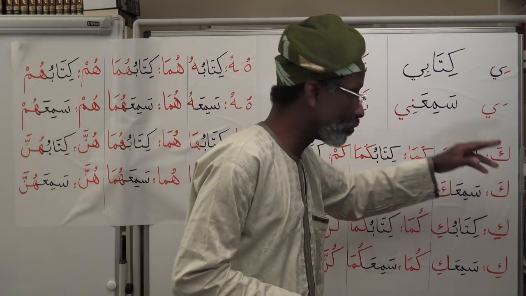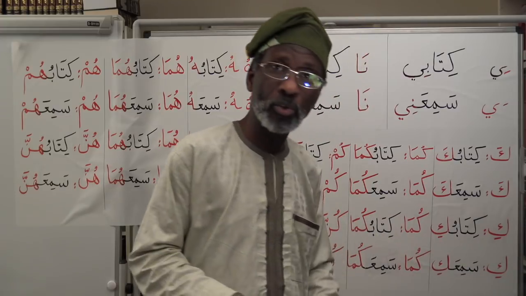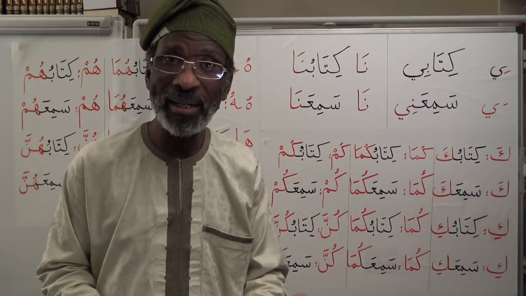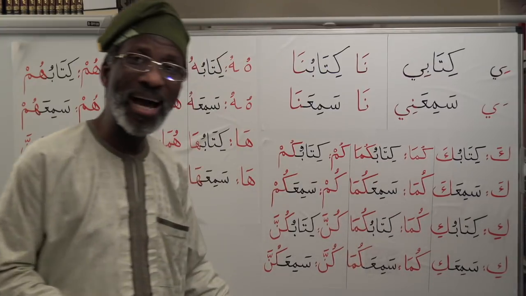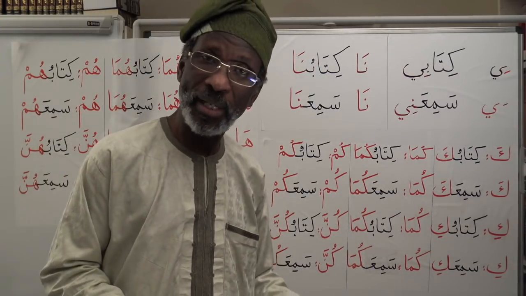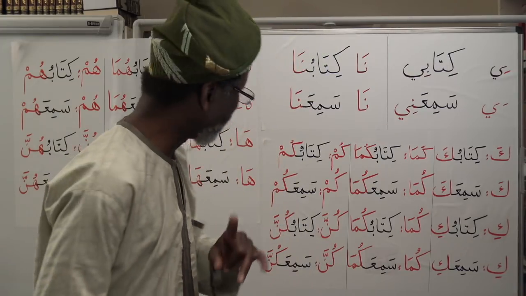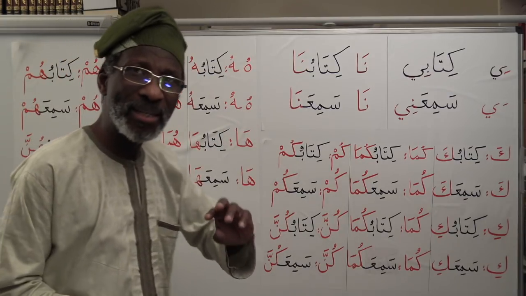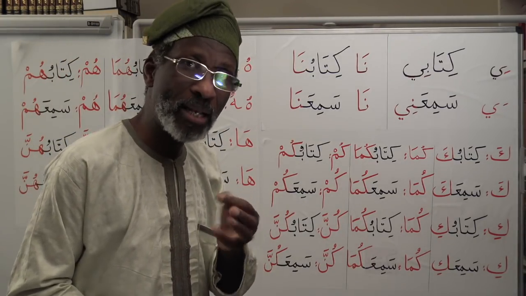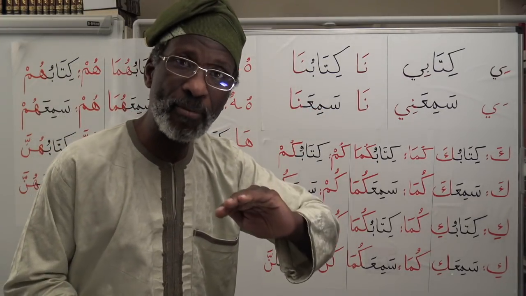And ka, you be ka if you're speaking to one man, and ki if speaking to one woman, and kuma, all of them, they are indeclinable, meaning they are born like that and they should be left alone. That's it. Now, but the hu can be slightly amended. Well, it depends. For instance, it will always be hu unless you have kasra before it.